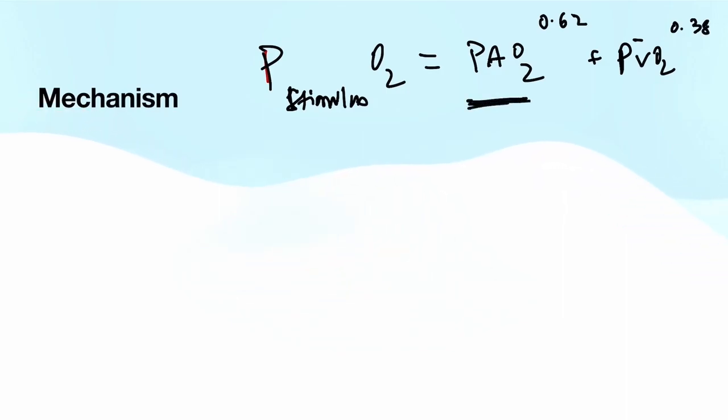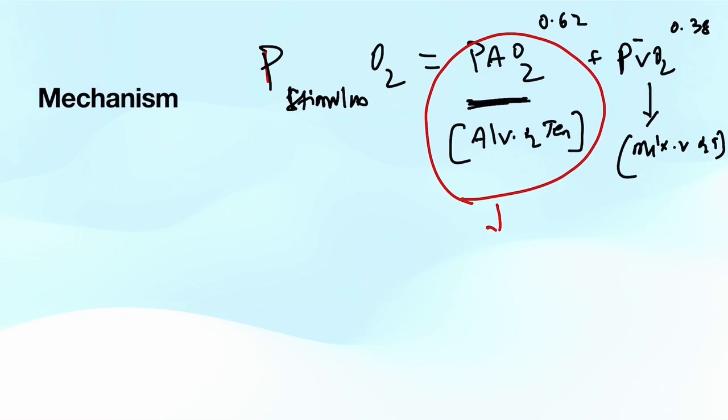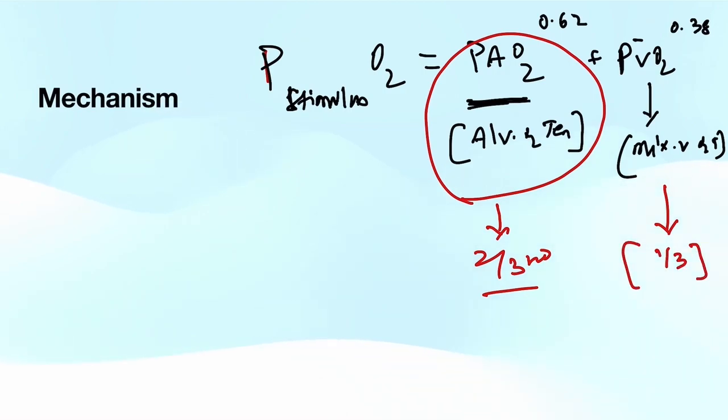This PAO2 is alveolar oxygen tension, and PvO2 stands for mixed venous oxygen tension, and the PAO2 contributes almost two-thirds, and the mixed venous oxygen tension one-third, right? So what happens, let us understand.